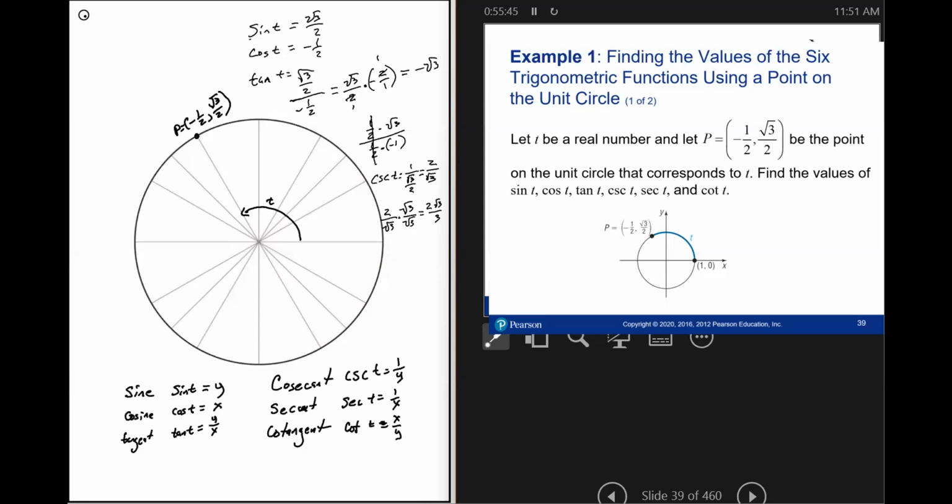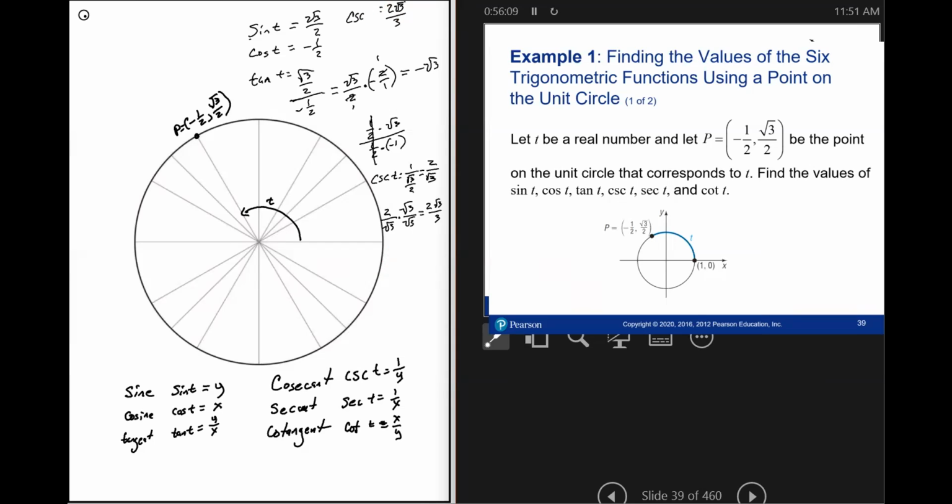So the cosecant here equals 2 square roots of 3. Well, that's just getting weird on me. 2 square roots of 3 divided by 3. I forgot the t.